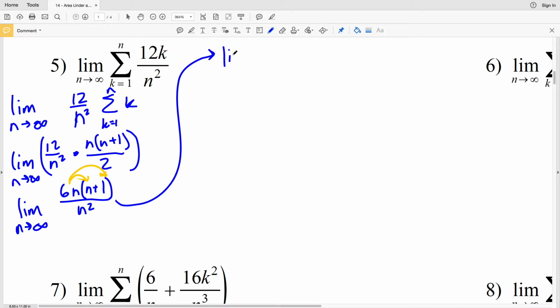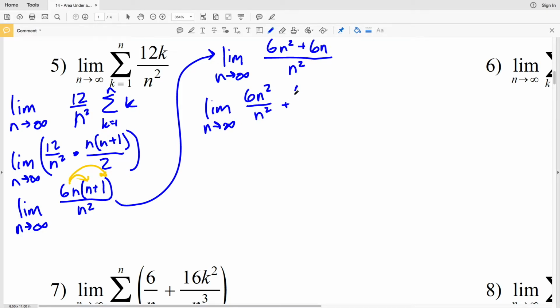So I'm still using the limit as n approaches infinity of 6n times n is 6n squared plus 6n times 1 is 6n, and that's all over n squared. Now I'm going to break up this fraction. So I'll have the limit as n approaches infinity of 6n squared over n squared plus 6n over n squared.